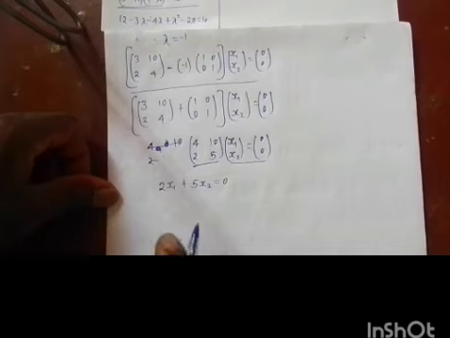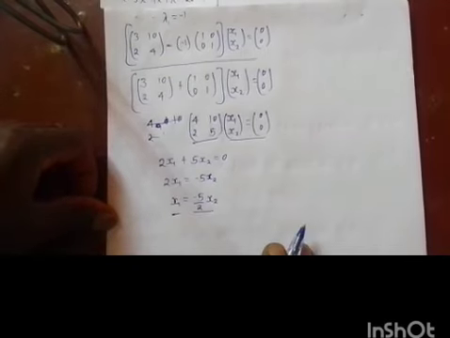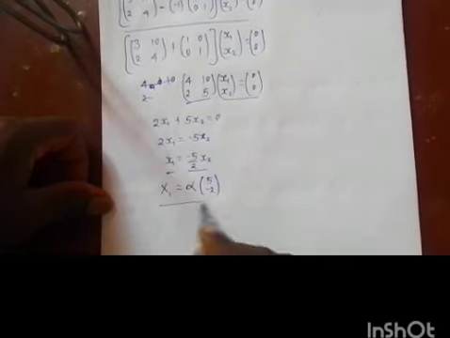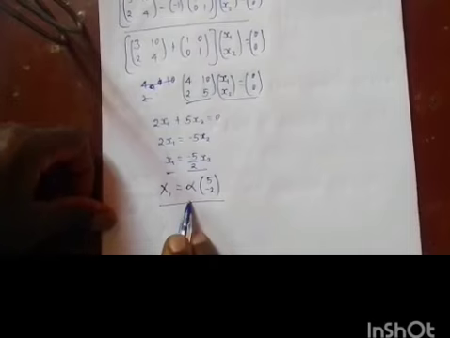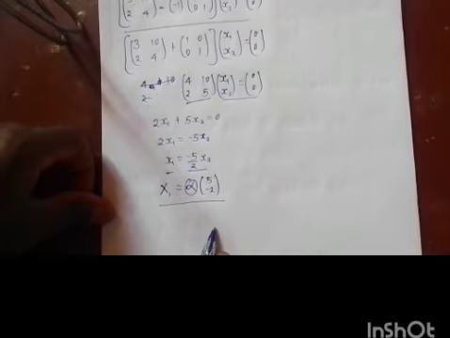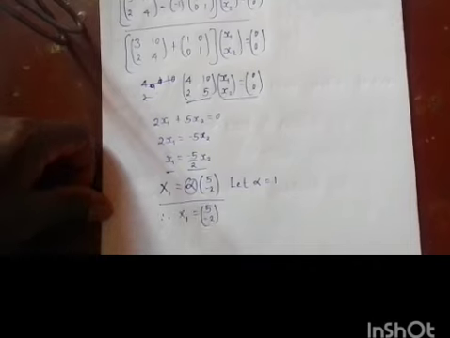By solving, we find the ratios of x1 and x2, and then we write them in this form. This is now our first eigenvector. It can be presented in a form where alpha is a scalar quantity or a number. So here we can say let alpha be 1. So this is our first eigenvector.